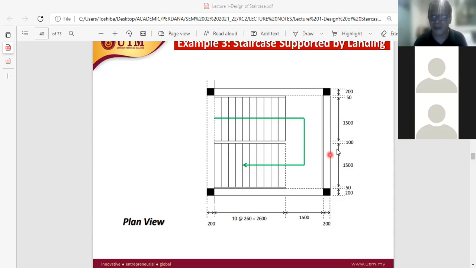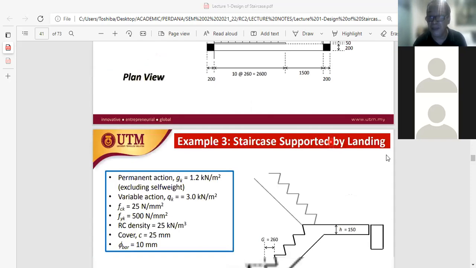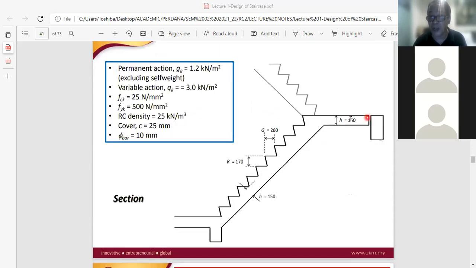In this case, however, this particular beam at the end of the landing is not connected kepada landing, so it cannot behave sebagai penyokong. Pertama, bila there is no support pada right hand side ni, maka this staircase ni, tangga ni, has only one support di sini. Ada hanya satu penyokong sini. Sebelah sini, sebelah kanan ni, there is no support. So bermakna in this case, it automatically ia menjadi satu dependent, bergantung kepada yang lain.